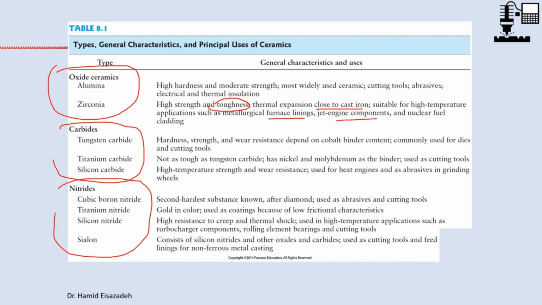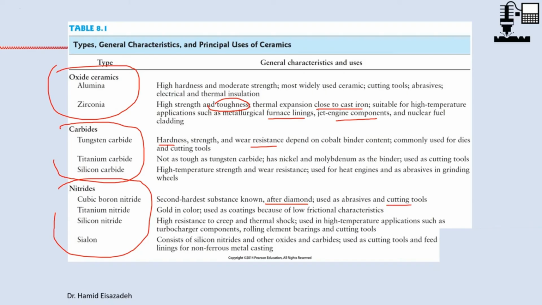And the carbide has good hardness, strength, and wear resistance. They can be used as dies and cutting tools. Also, they have high temperature strength and wear resistance. They are used in heat engines as well as abrasives in grinding wheels. The nitride, which is the second hardest substance known after diamond, is used as an abrasive and cutting tool.